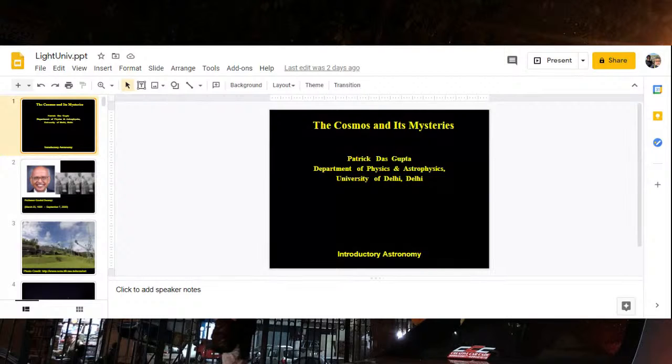Remember, this is not a full elliptical orbit because they are also interacting with other galaxies, and also the gravitational potential is not 1 over r square. So the orbit is not an elliptical orbit, but they are highly eccentric and highly random orbits because each galaxy is interacting gravitationally with the others in a cluster.